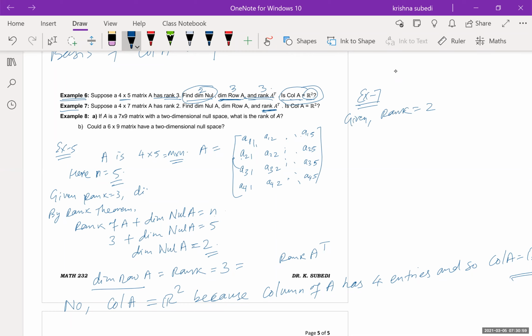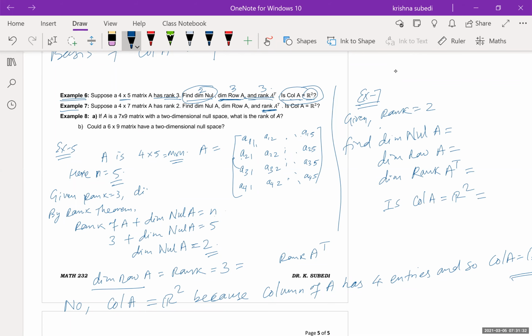And you need to find the dimension of null space of A, and then the dimension of row space of A, the dimension of rank A transpose, and then the question is, is column space of A equal to R2? So these are the questions that you need to answer.